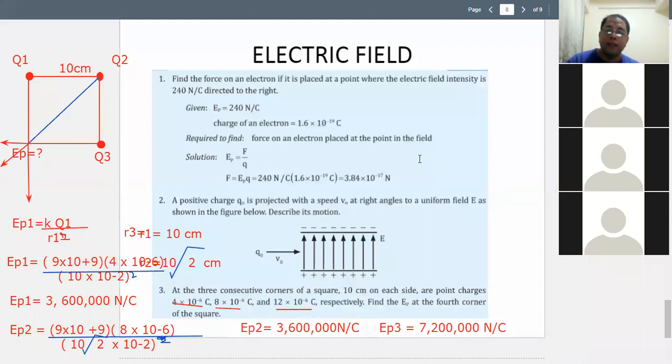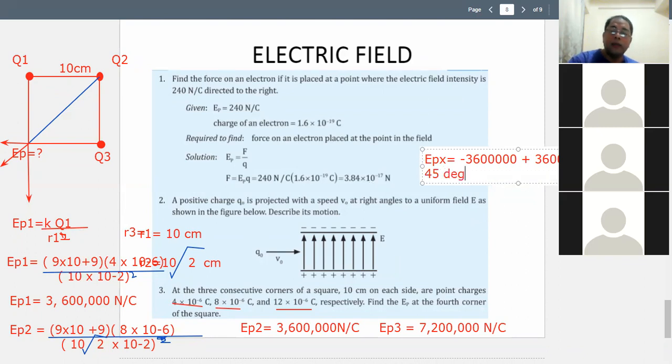So if we find our E sub px, this is equal to negative 3,600,000, and then subtract the value, which is roughly 3,600,000 but with cos of 45 degrees.